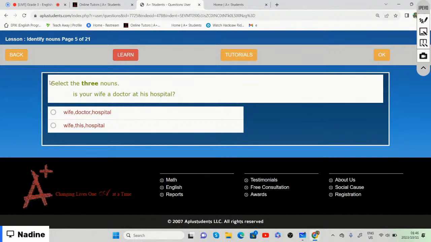If we select the three nouns, we're going to say it is wife, doctor, and hospital.